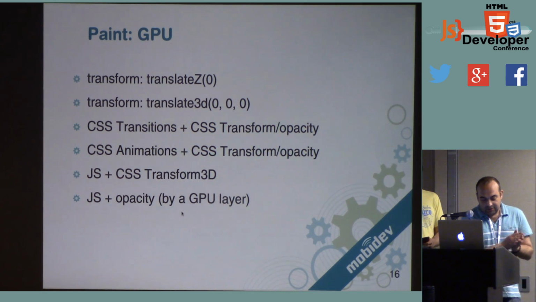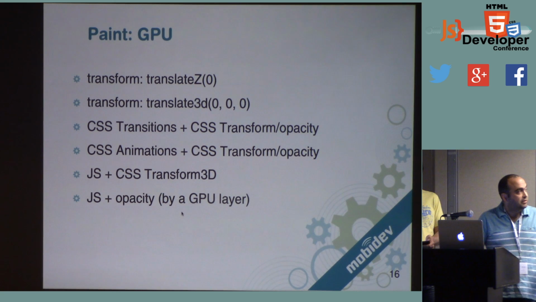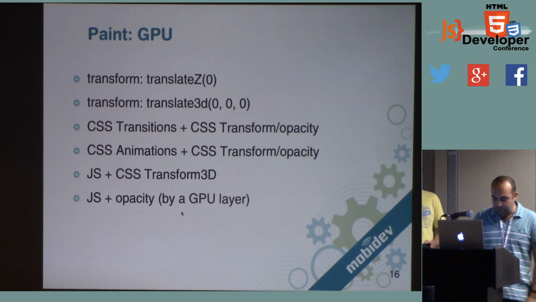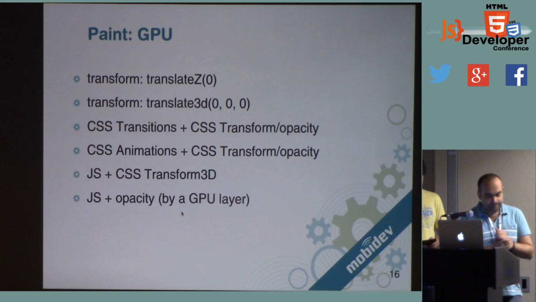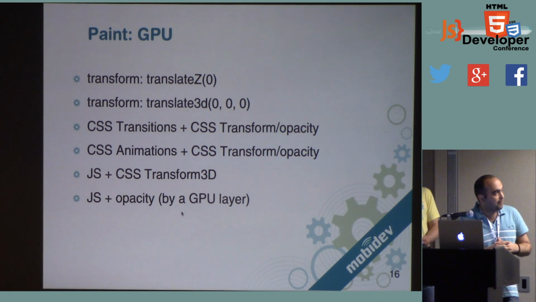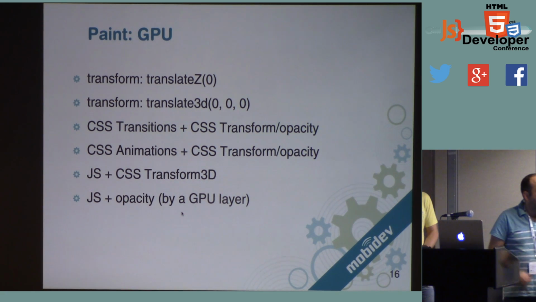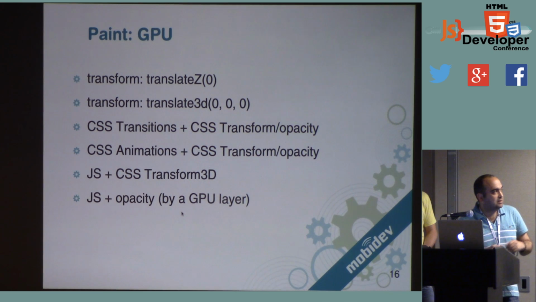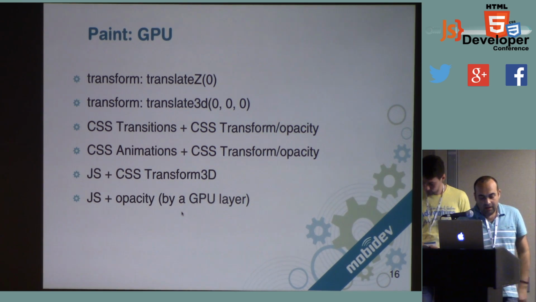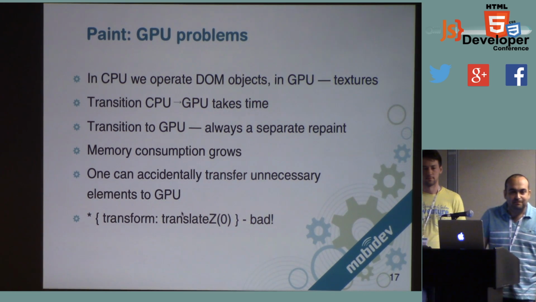On the slide you can see typical approaches of shifting the element to GPU rendering. As a rule, the first two are used efficiently, but the implementation of this shifting depends on the browser engine. For example, the second approach, transform translate3d, doesn't work in iOS 6. I think it's a bug, but it's true.